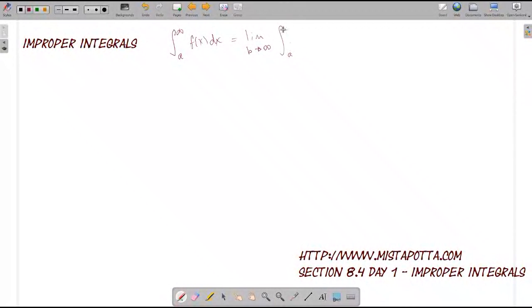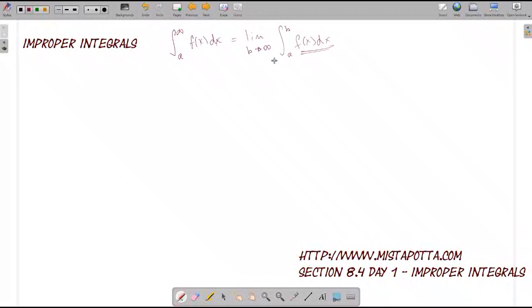And I'm really finding the definite integral from a to b of my function dx. And usually this will be something that I can find the antiderivative of analytically, and then substitute in for b and for my lower limit a, and then try and evaluate the limit.